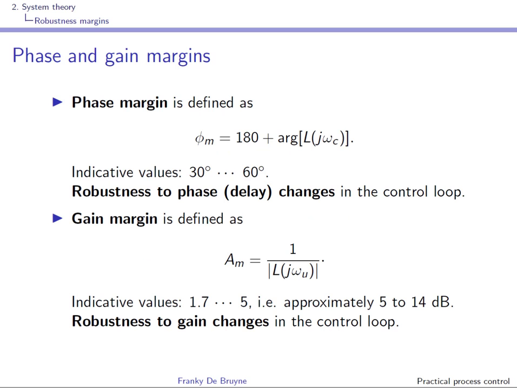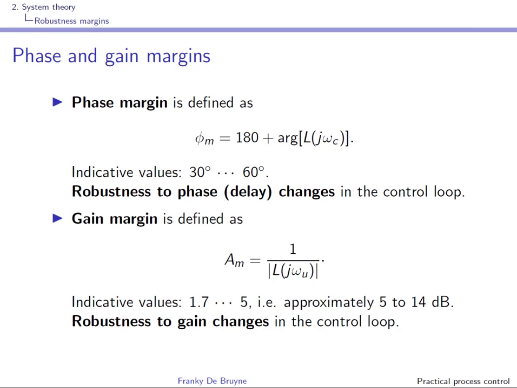The phase margin is 180 degrees plus the phase shift that you have at the crossover frequency. Indicative values are in between 30 degrees and 60 degrees. The more phase margin that you have, the more robust that you are to phase changes in the control loop. And of course, a phase change can be caused, for instance, by a delay in the system.